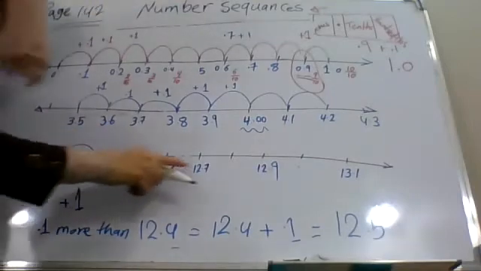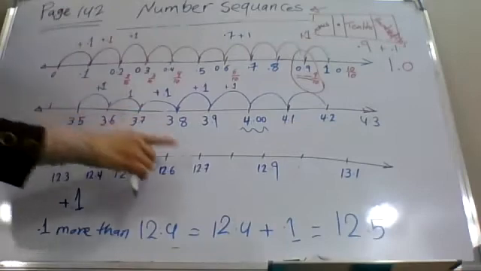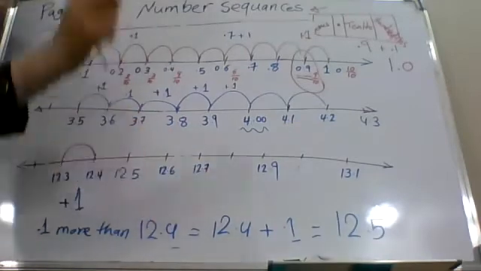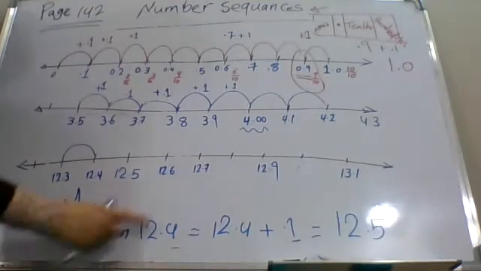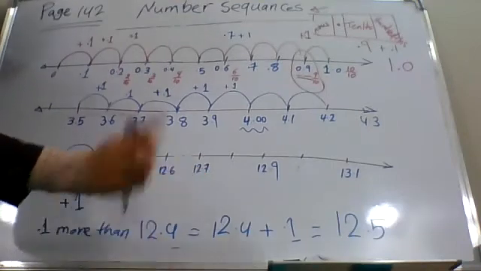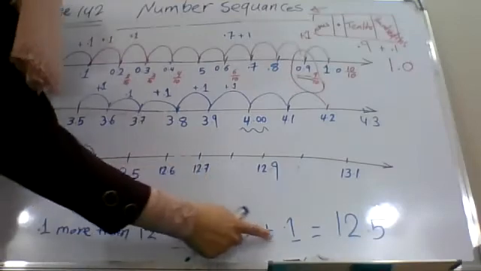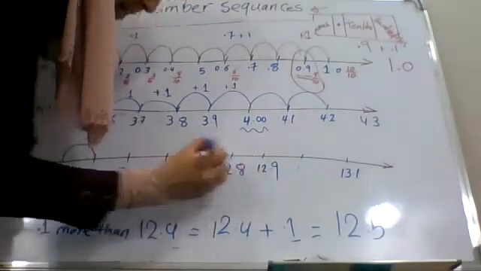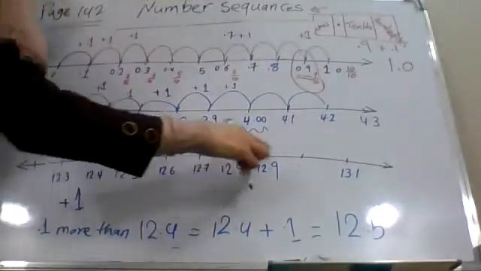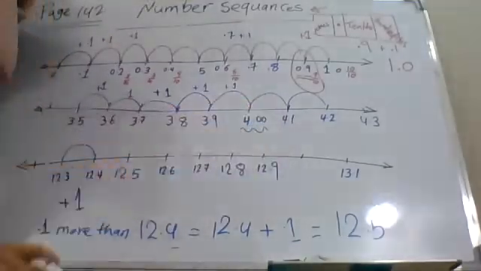Zaid, can you tell me what comes after this number? So we are saying what is 0.1 more than 12.7? It's like we're saying 12.7 plus 0.1 equals 12.8. And we have here 12.9, which is the number next to 12.8.